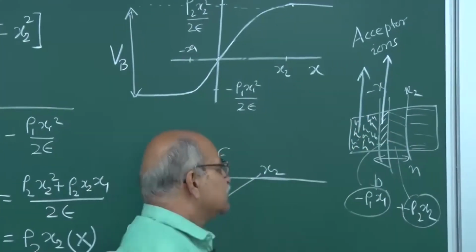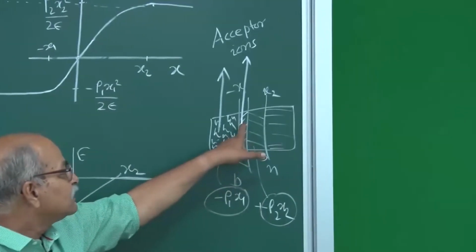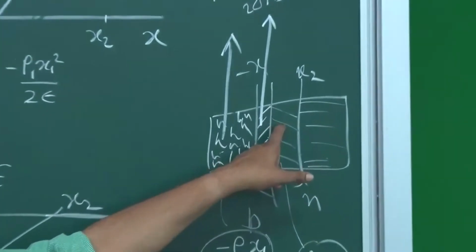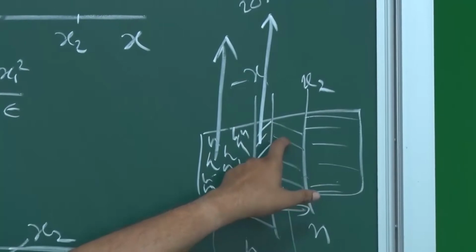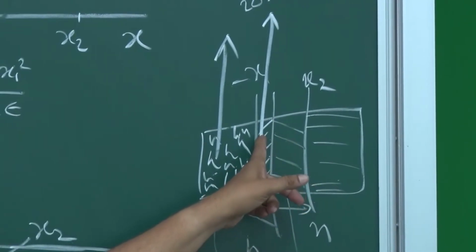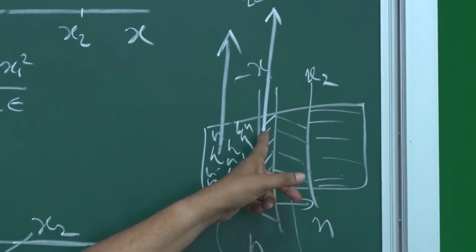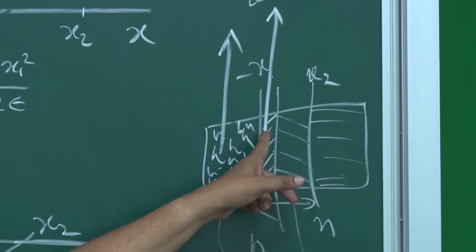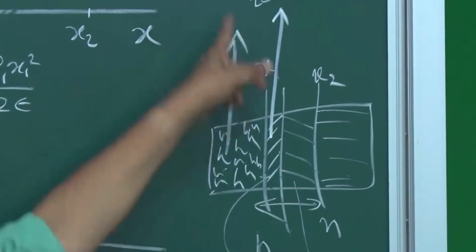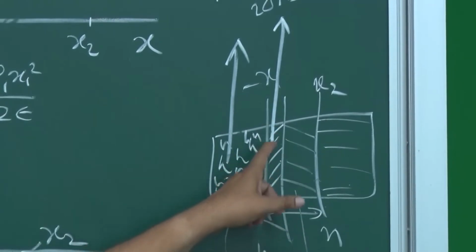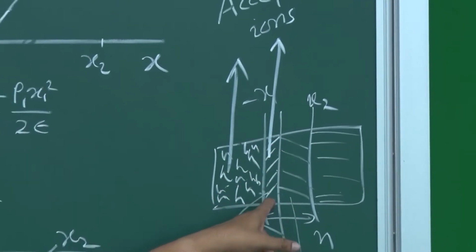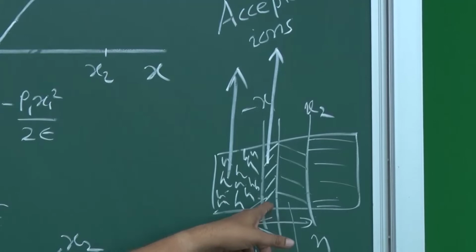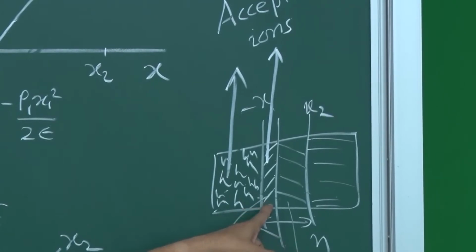There is a charge neutrality, and here the holes have migrated to this side and recombined with electrons, or electrons have come here and recombined. This charge carrier has gone. So those ions which are there, those will still remain there. The hole has moved and recombined and has gone away.